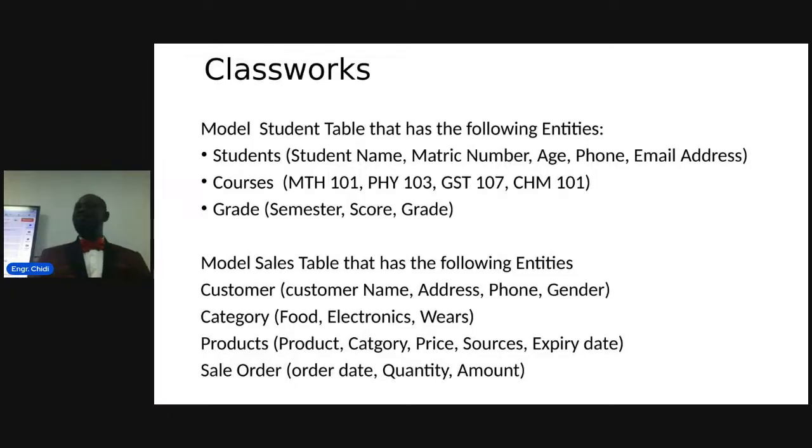So long as it's numeric, you don't specify it. After student name, what next do we have? Matric number. So that's primary key. The constraint for matric number is primary key.